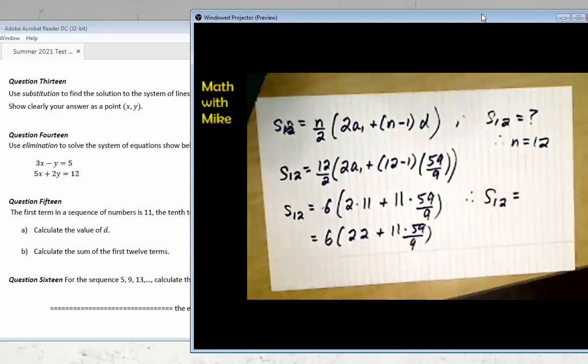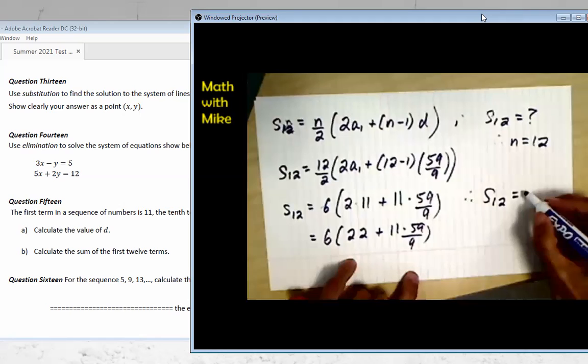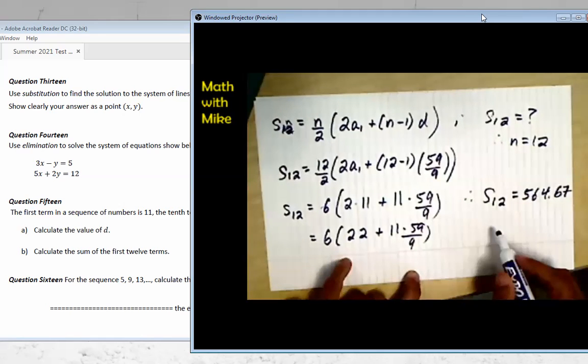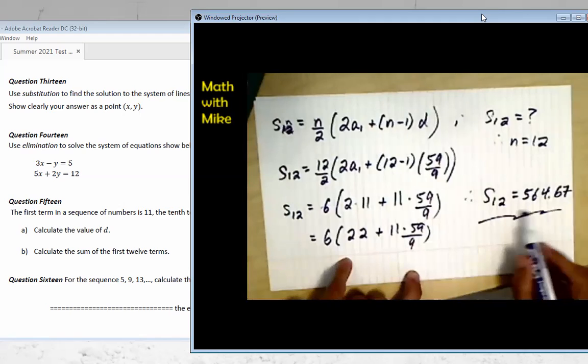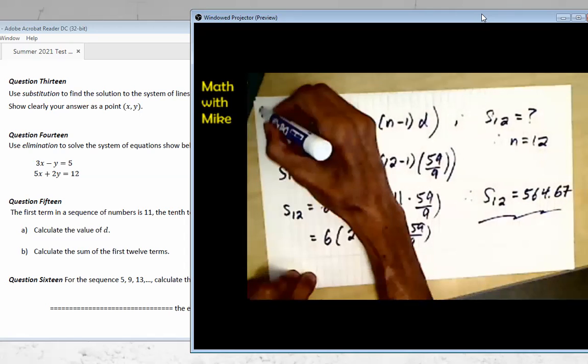And you do all this good work off to the side if you want, in your calculator. You get something that looks like 564.67, 564 and 2/3. That's some form of the answer for question 15, part B.